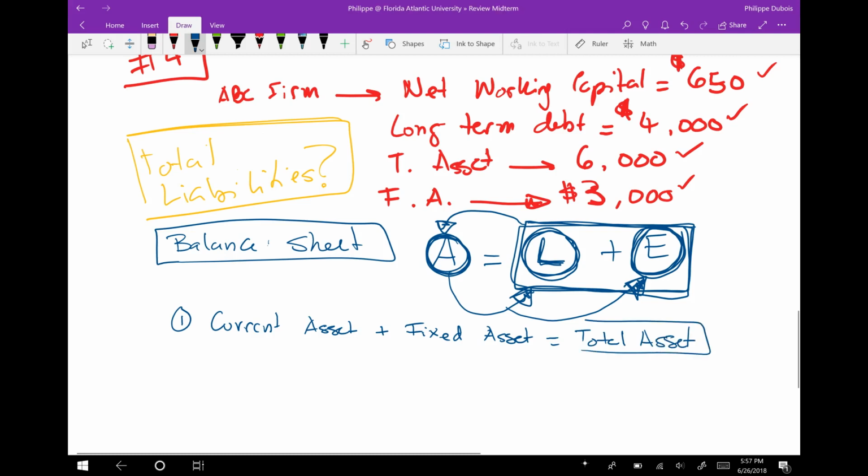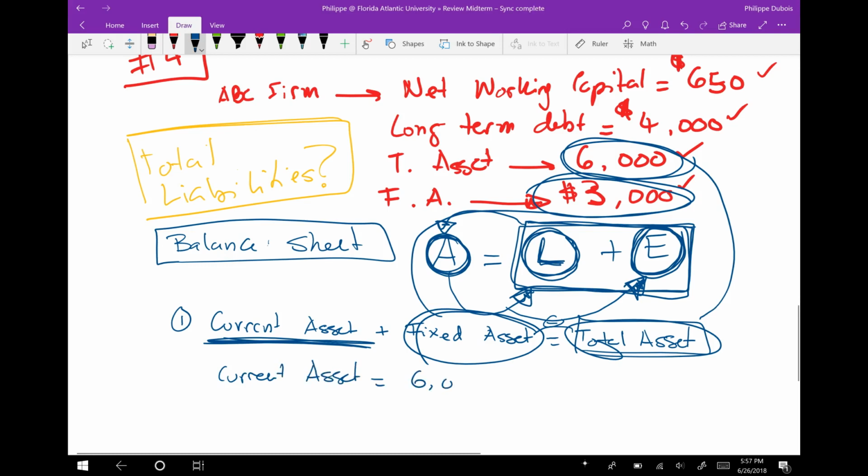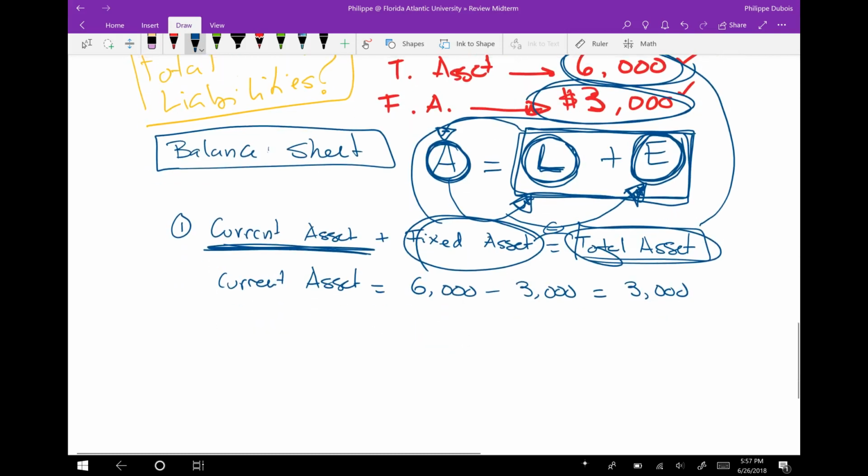Well, if you have your total asset, which is here, and you have your fixed asset, which is here, in order to find the current asset, you do your total asset minus the fixed asset. So your current asset is 6,000 minus 3,000 equals 3,000. Now you have your current asset, all right?